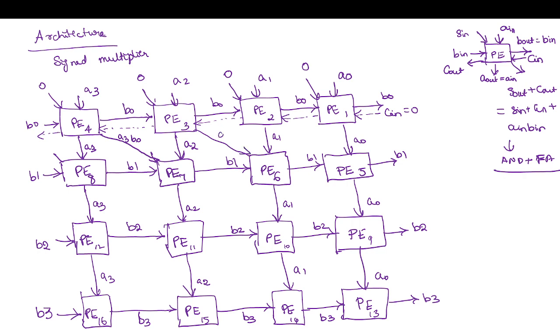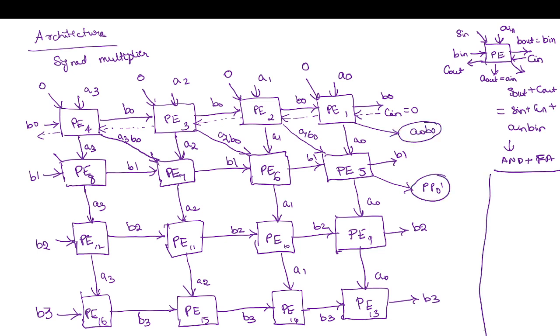Here A2 B0. This one A1 B0. This one into the product. This will be giving A0 B0.